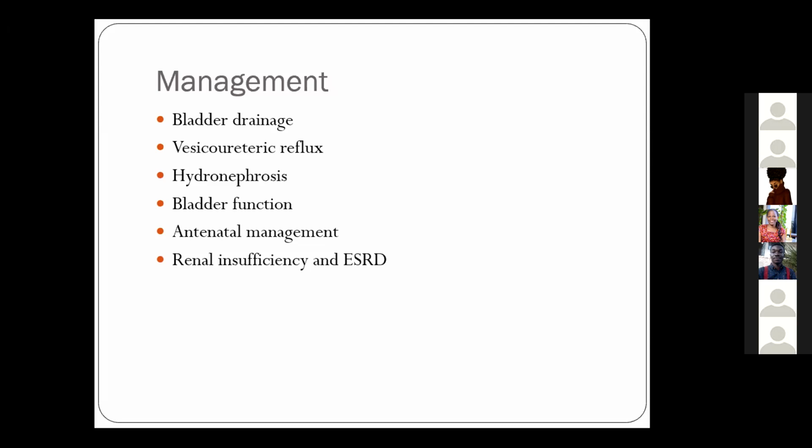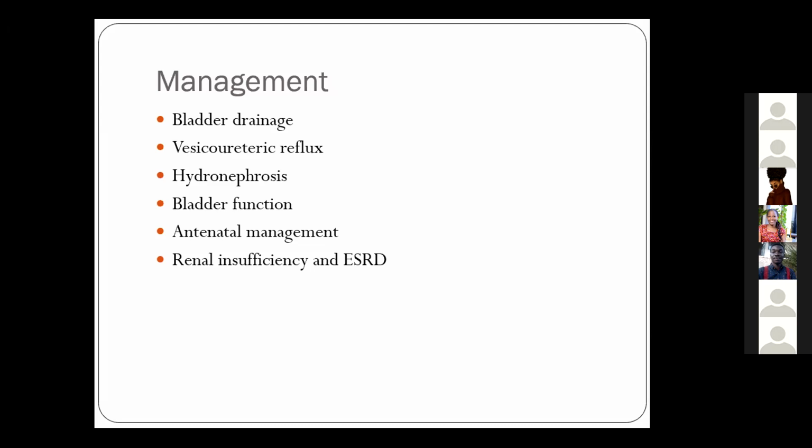The bladder function, we already said that sometimes the bladder will be hyperactive, okay? And sometimes the bladder will have poor contractility. And therefore, depending on what the problem in the bladder is, you may want to treat accordingly.